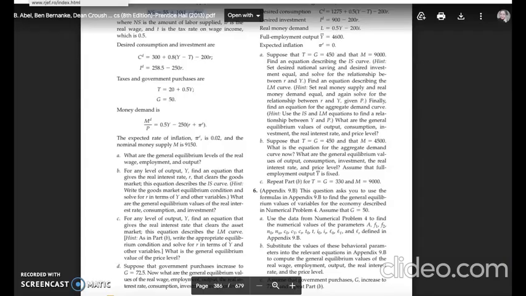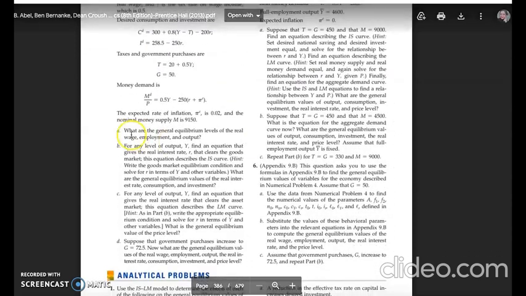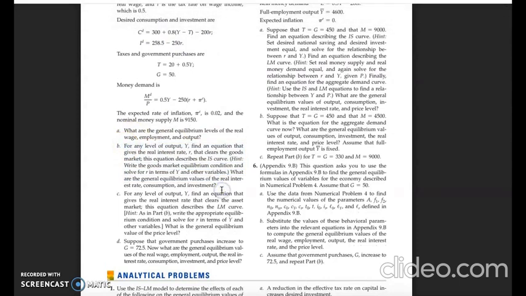This is the second part of the fifth tutorial, and we are going to look at subquestion B of problem number 4, chapter 9. For any level of output, find an equation that gives the real interest rate that clears the goods market.